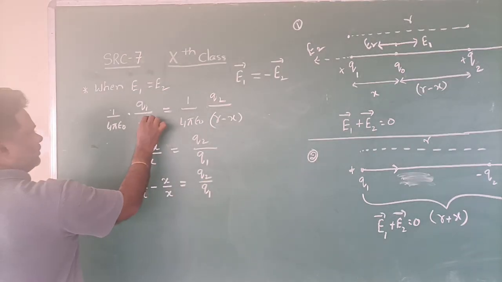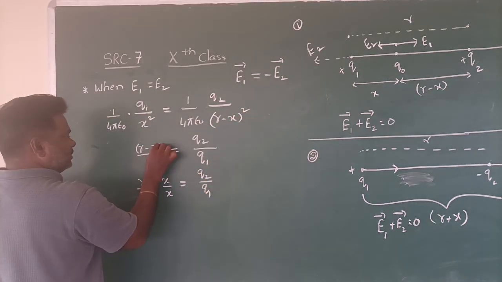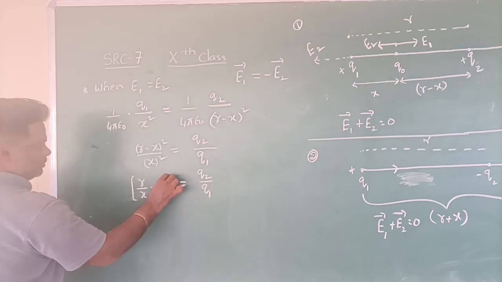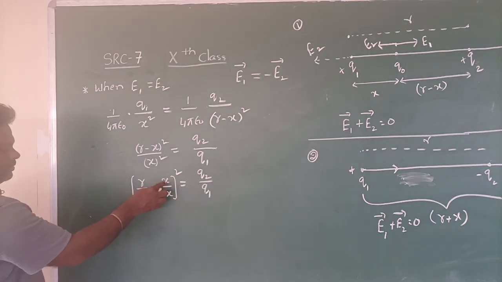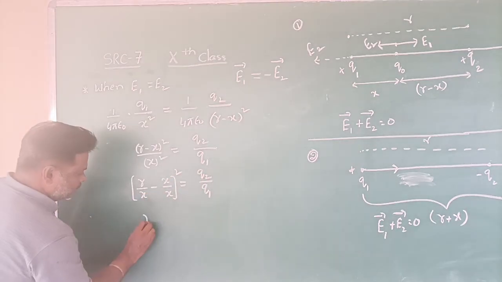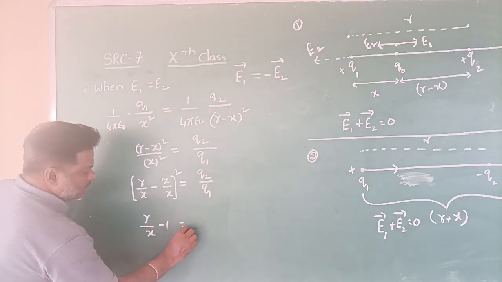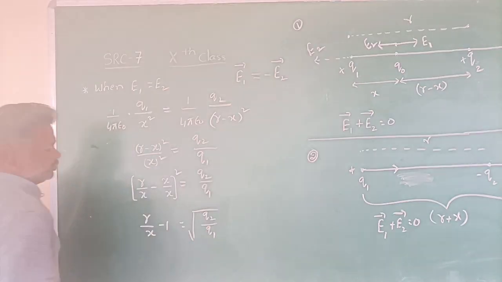Sorry, here the square will come, and this is also squared. The squares are on both sides, so this square will go to that side and convert into a root: r by x minus 1 is equal to root Q2 by Q1.